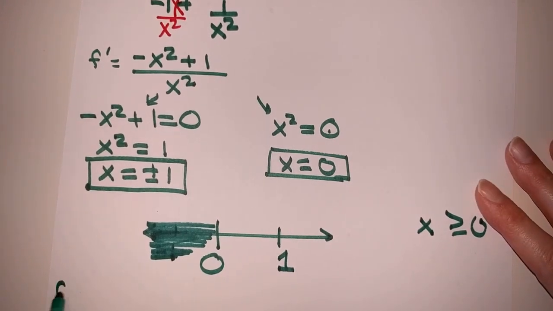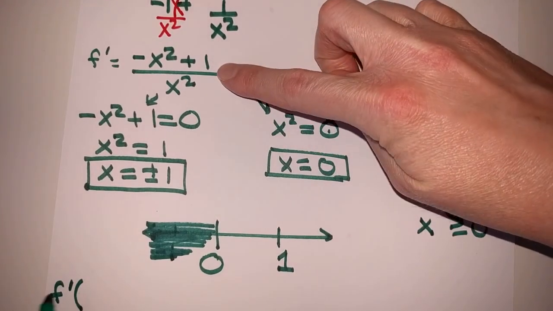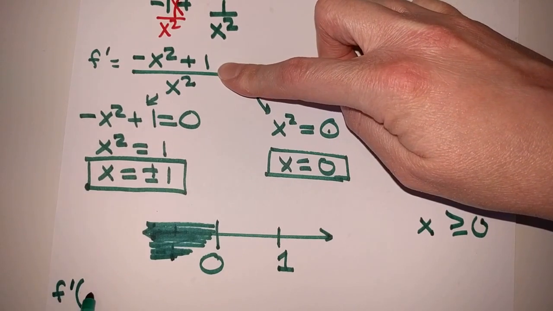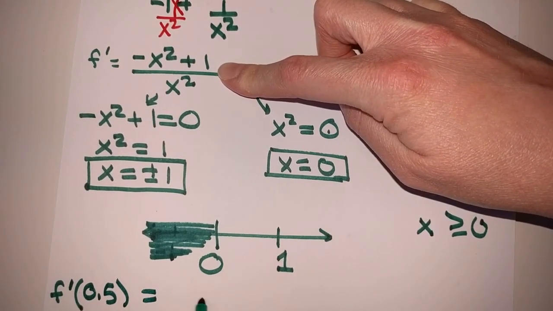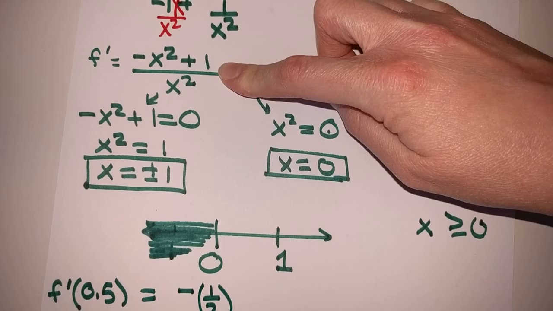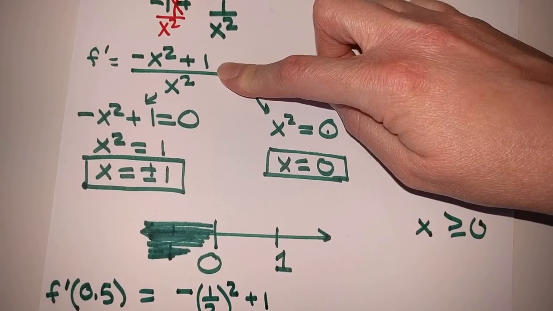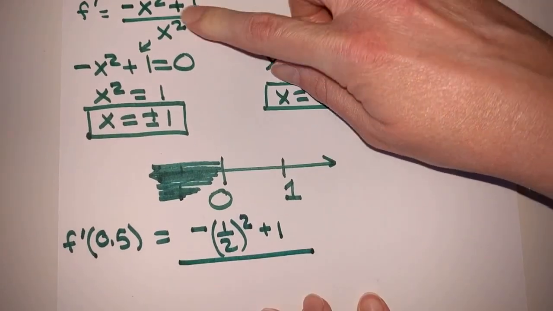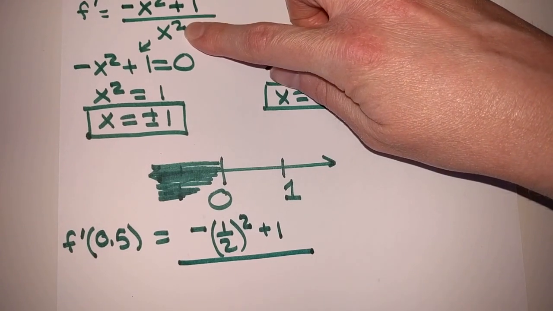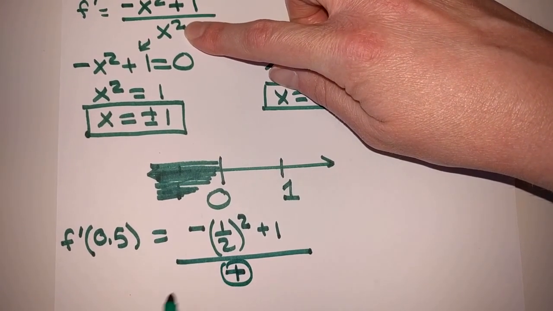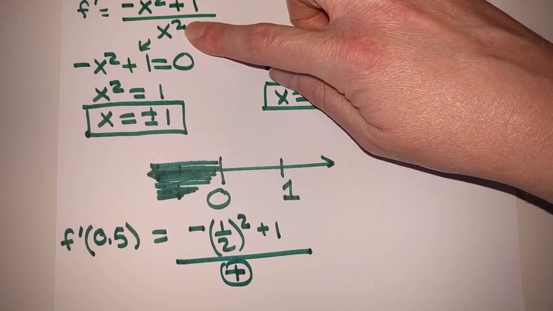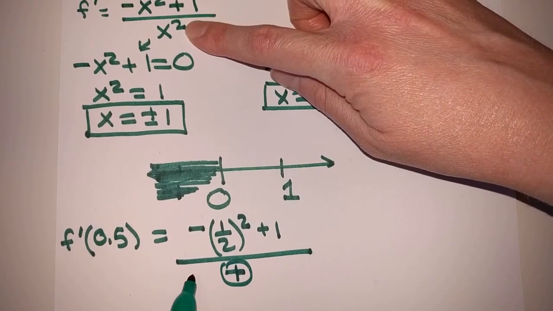So I plug into the left and to the right into our derivative. So let's say I plug in 0.5. So I will have negative 1/2 quantity squared plus 1 over, and honestly what you should see is that this denominator is x squared, so that is always positive. So no one really cares what the 0.5 squared is. That's going to give you a positive.